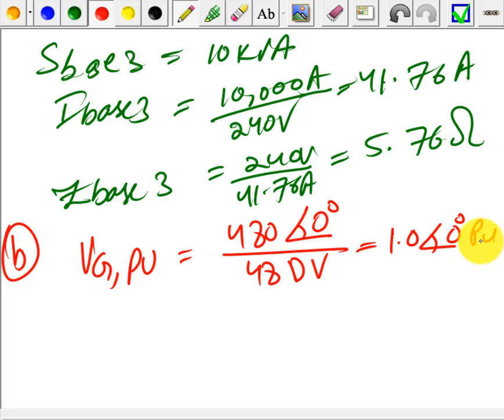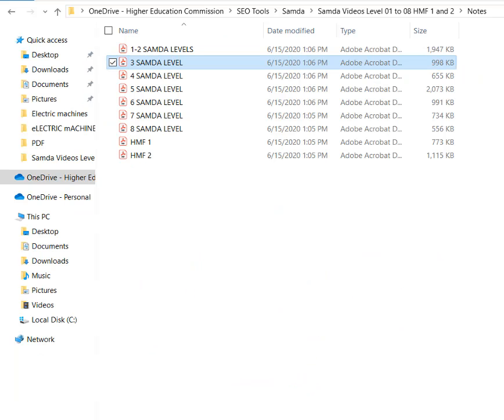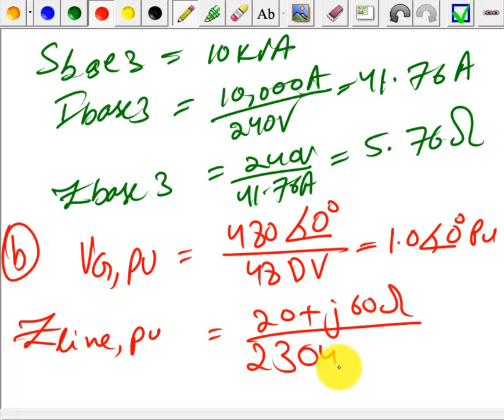Similarly, Z line per unit will be simply, we have given this 20 plus j60 ohm divided by the line base value resistance Z, which is 2304 ohms.